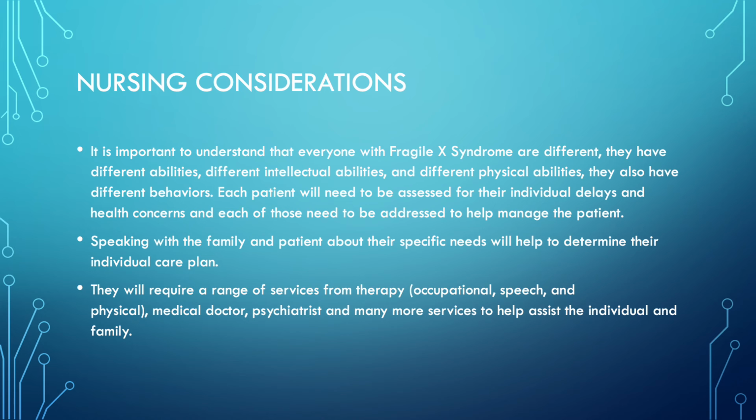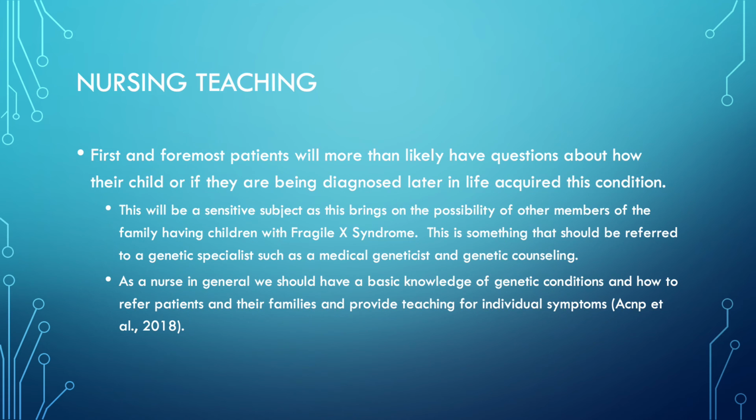Speaking with the family and patient about their specific needs will help to determine their individual care plan. They will require a range of services from therapy, both occupational, speech, and physical, medical doctors, psychiatrists, and many more services to help assist the individual and family.